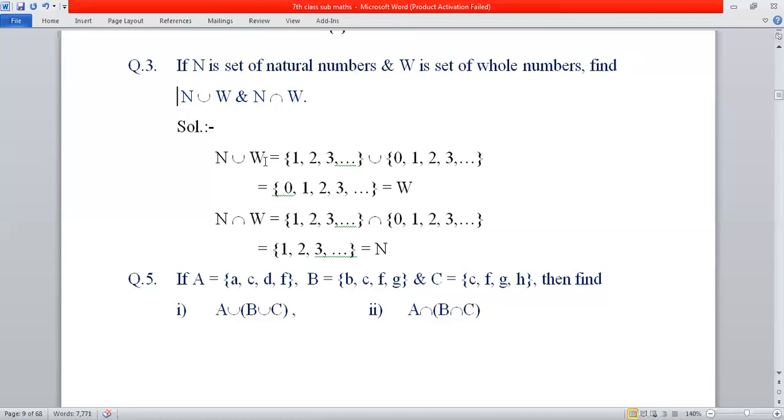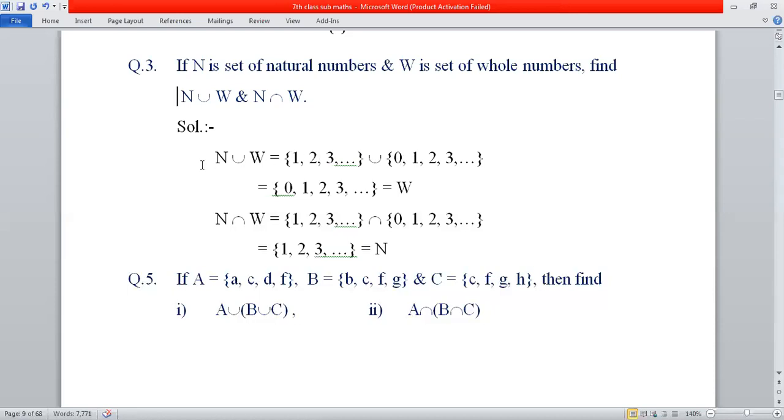So N union W. You know that the set of natural numbers is 1, 2, 3, and so on. We don't know where N ends. Then we copy the union symbol as it is, and then W, which you know starts from 0, 1, 2, 3. From 1 onwards it is common. Only 0 is extra compared to the first set.